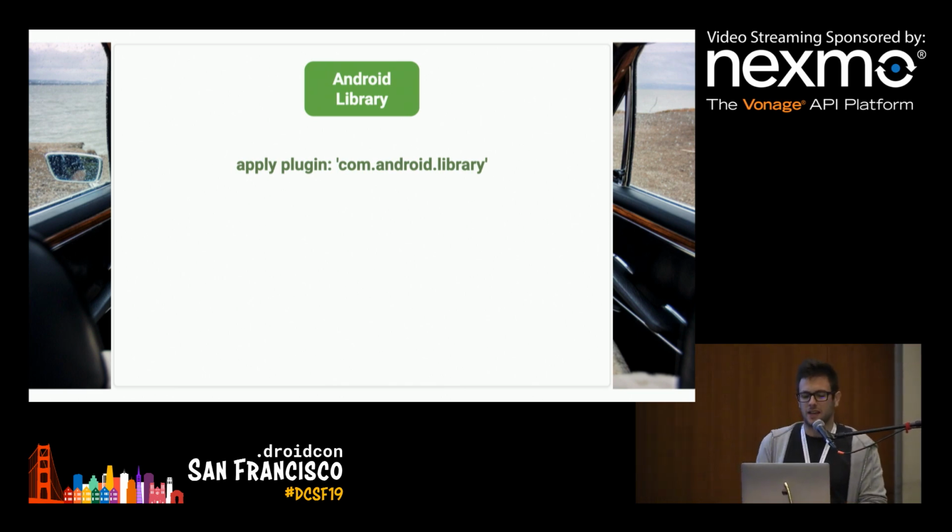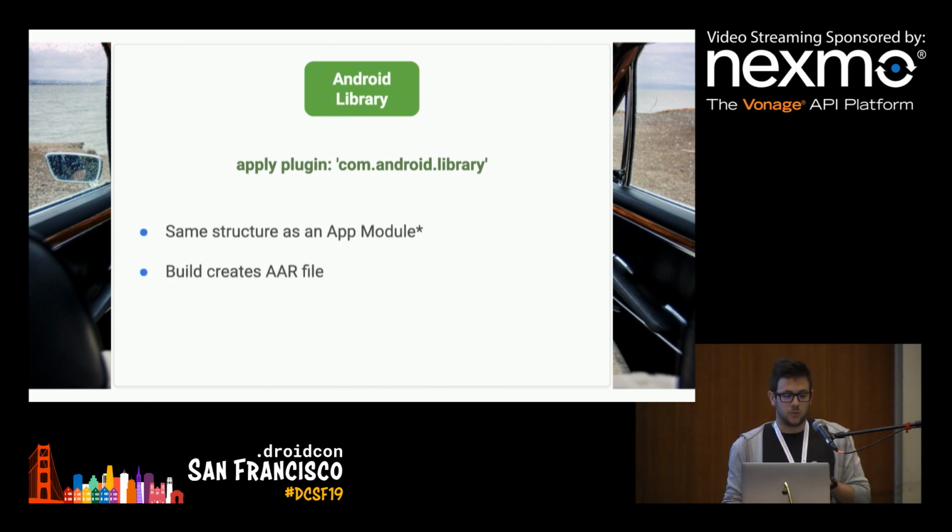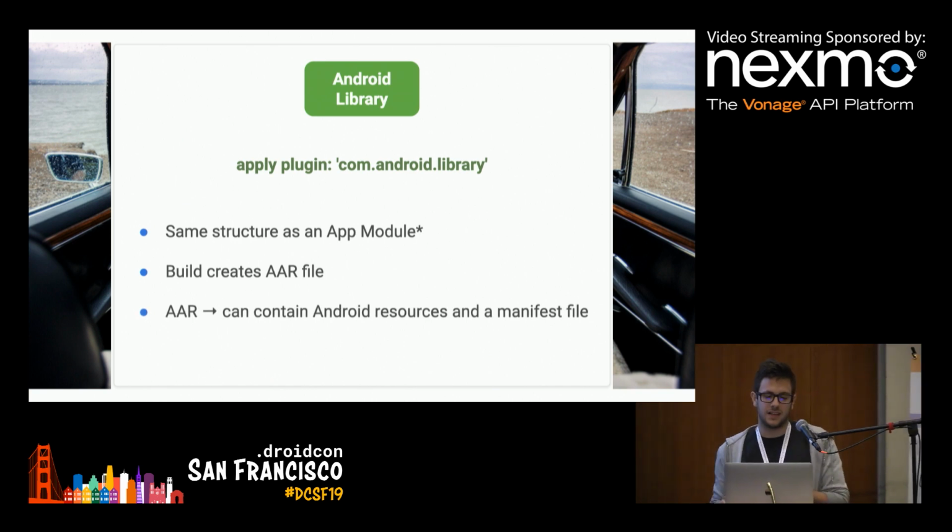When you build a standalone Android library, it will output an AAR file, and the AAR file can contain Android resources and also a manifest file. So whenever you're including libraries in your project that are not modules that you control, always make sure to check your merged manifest, because you can find some surprises there, like, why do I have this permission?